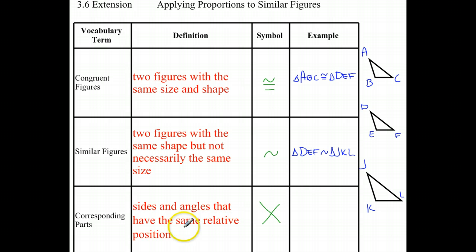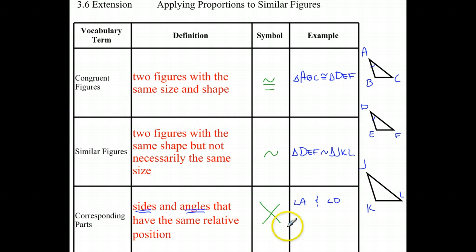Finally, for corresponding parts, we can have corresponding sides and corresponding angles. So I indicated before that the vertex A, we also have an angle in here. Angle A sits in the same position as angle D, so we would say that they're corresponding.